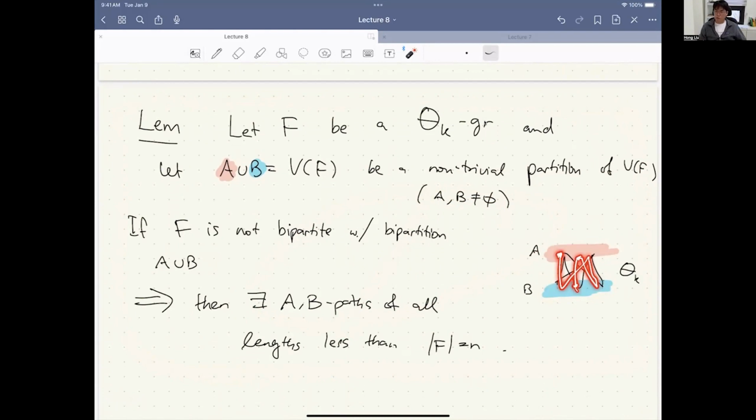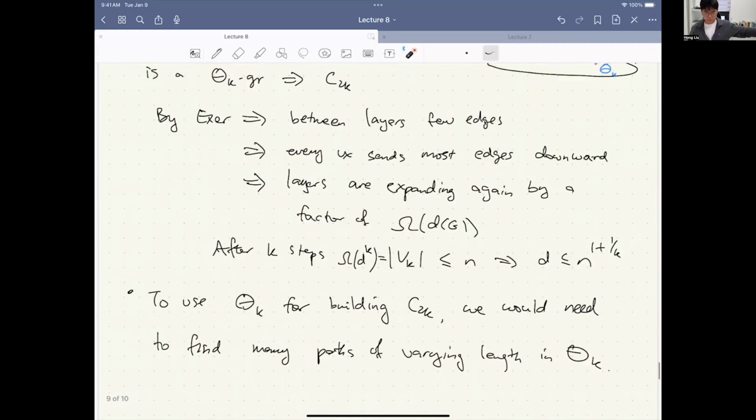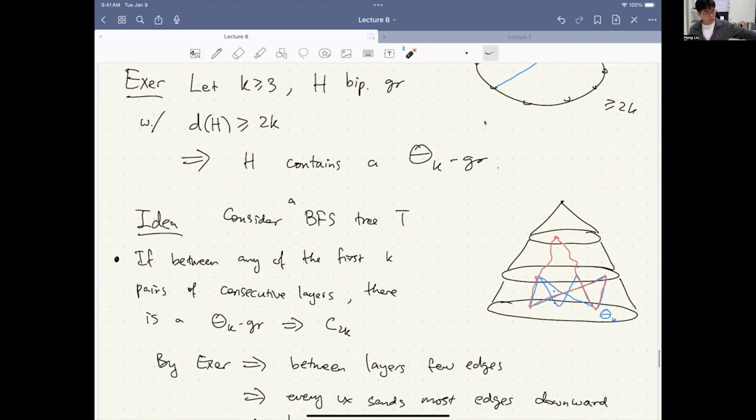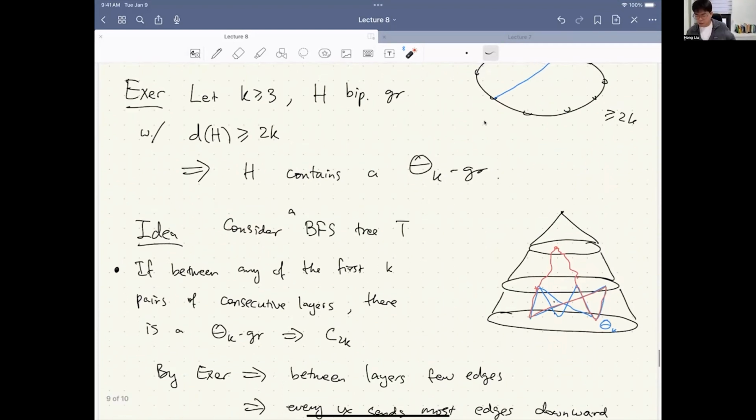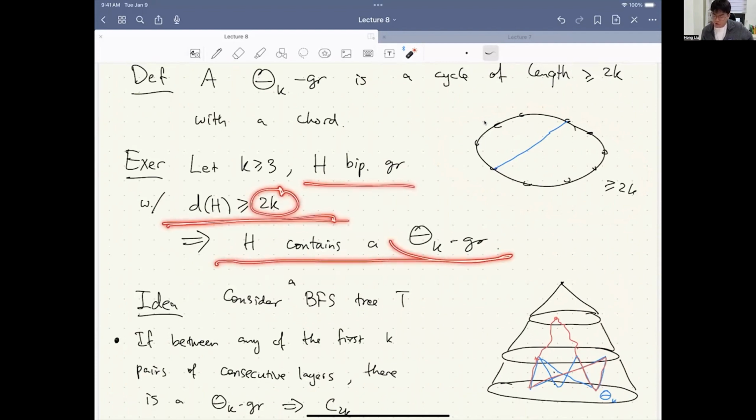You can find all the paths of length up to almost a spanning path. Then, how we're going to use this is that this theta graph is very easy to find in the graph. As long as a bipartite graph has average degree at least 2k, where k is a constant, nothing to do with n, then already you can find such a theta k graph.